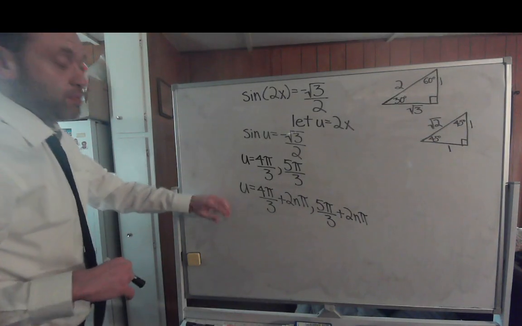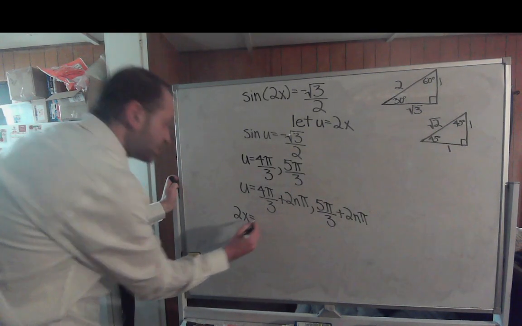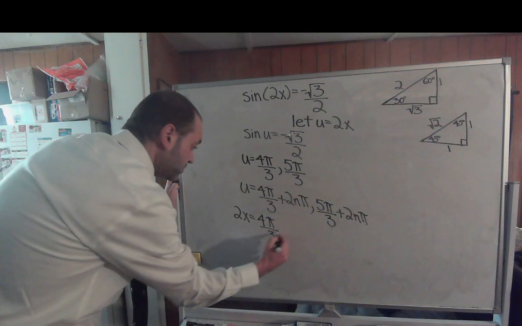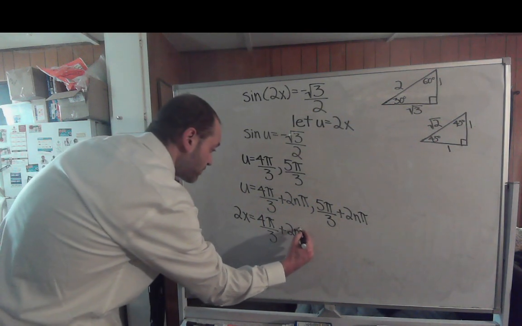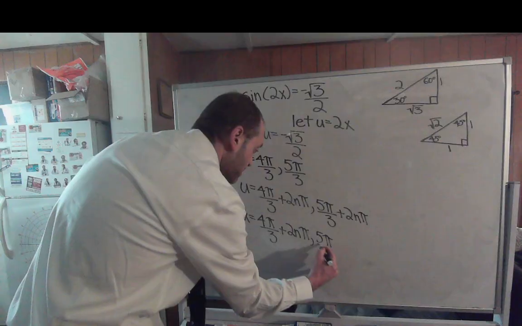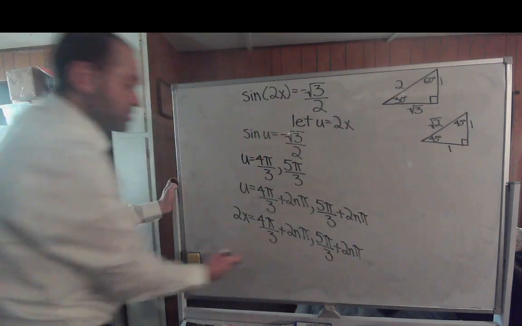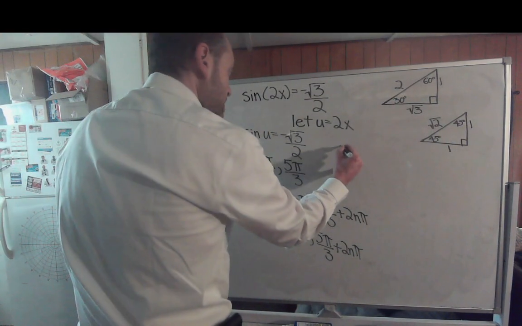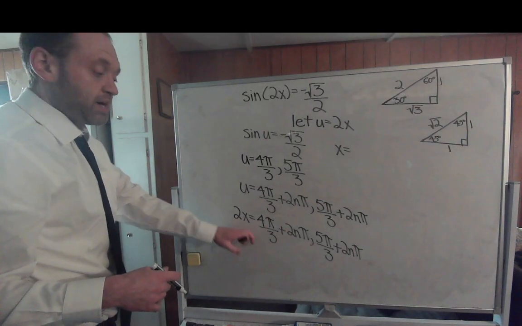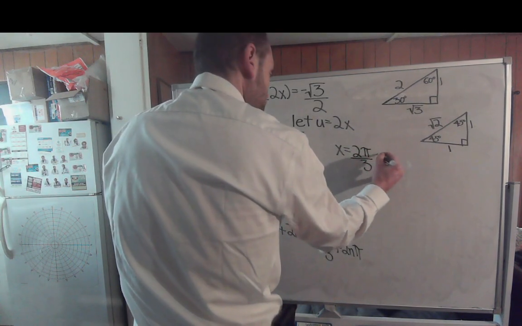However, we're not done yet. We have to put 2x in for where the u was. So now this would turn into 2x is equal to 4 pi over 3 plus 2n pi, and then 5 pi over 3 plus 2n pi. And then divide both sides by 2, you'll have your two general solutions. So x would equal 4 pi over 3 divided by 2, which becomes 2 pi over 3 plus n pi.